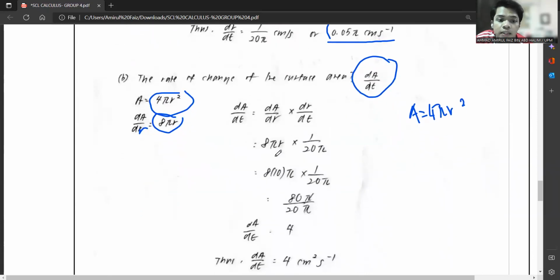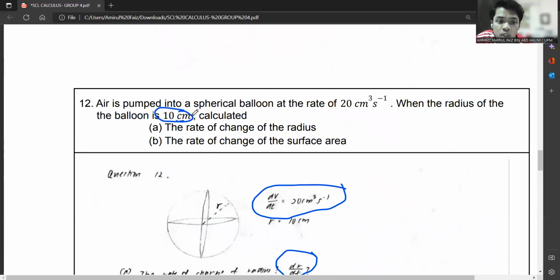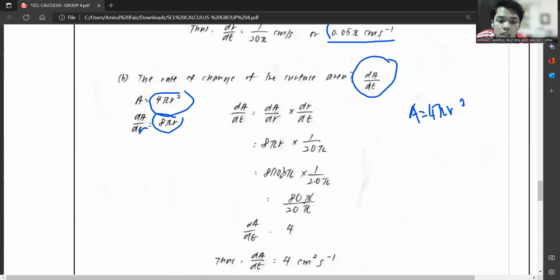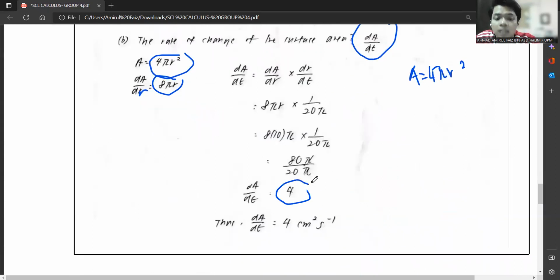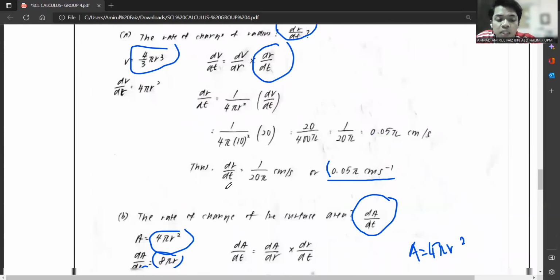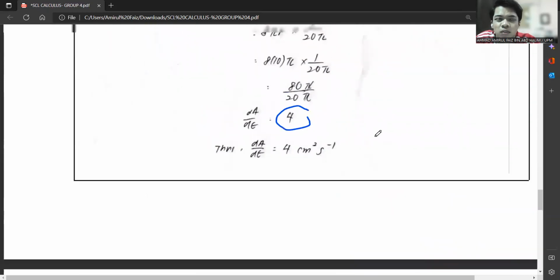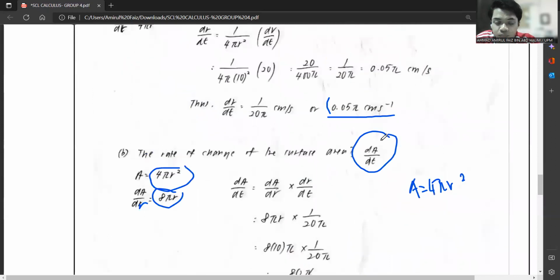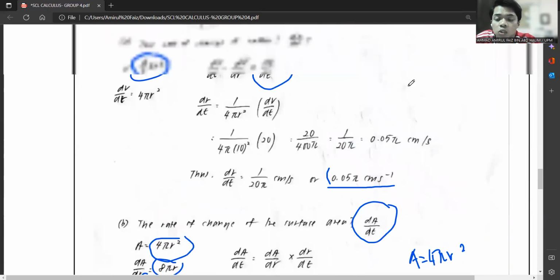I insert all the information given, with the radius in cm, and it turns out to be 8 times 10 times 1 over 20, and the answer is 4. Thus, the answer for question B, the rate of change of the surface area, is 4 cm squared per second.